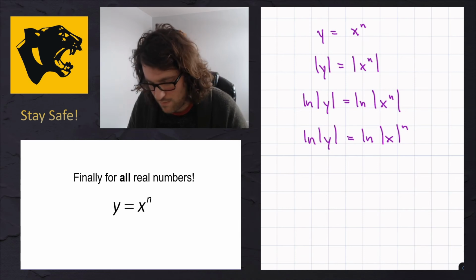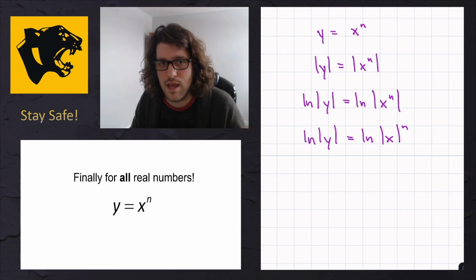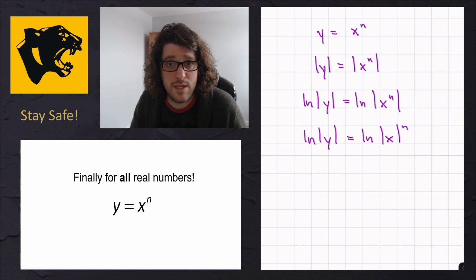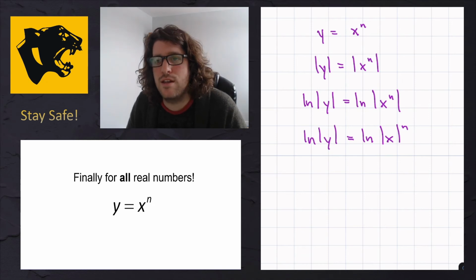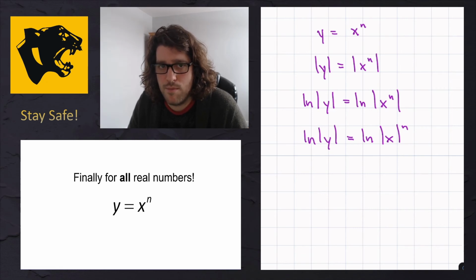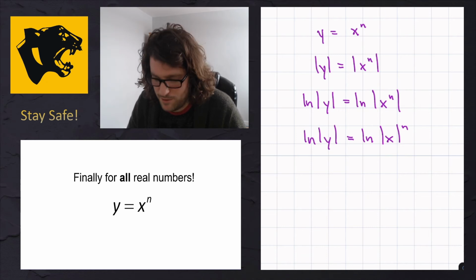So if I have the logarithm of the absolute value of x to the n, that means I'm taking some base and applying an exponent on it first, and then doing the absolute value. If x to the n is a positive number, then the absolute value will do nothing afterwards. If x to the n is a negative number, then the absolute value will turn it back into a positive, and I'll get a positive result.